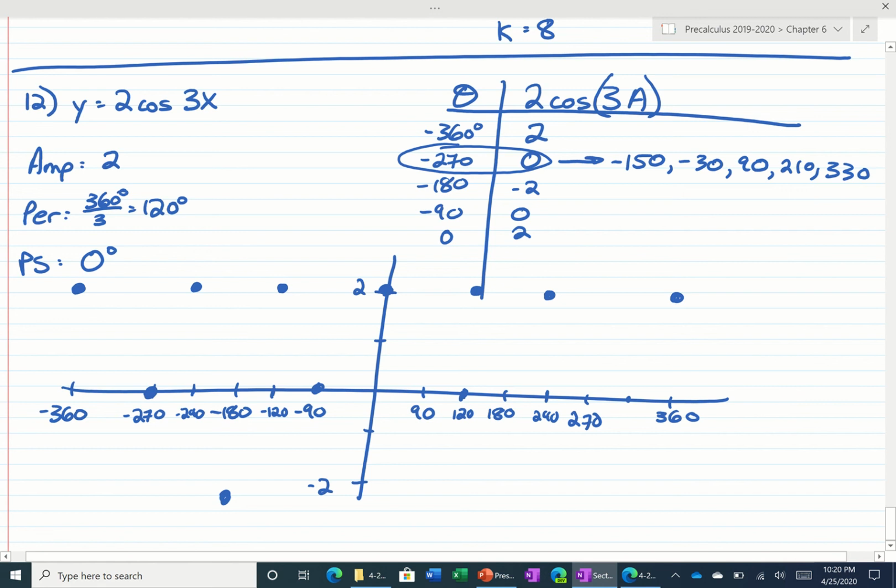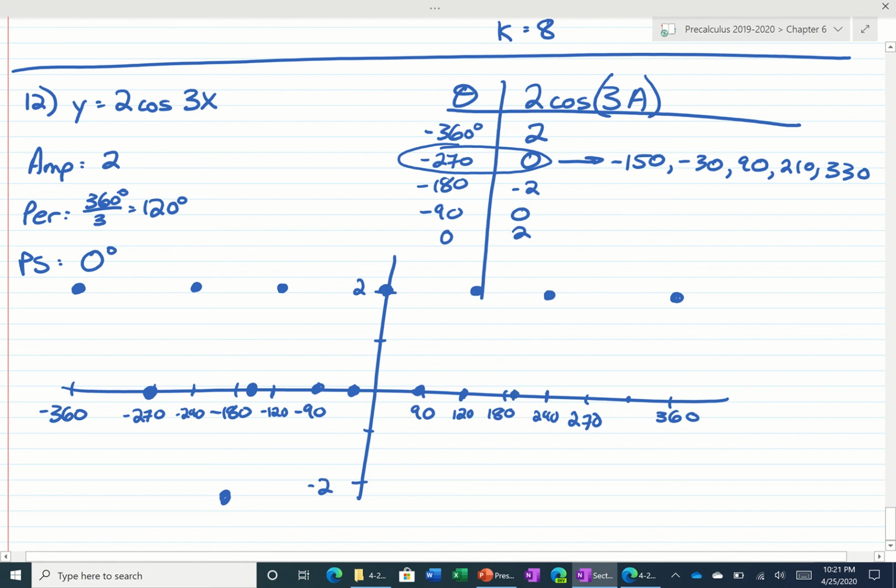Negative 150 would be maybe like over here, and it's going to be the same value as negative 270, 0. At negative 30 degrees, maybe like over here, it's going to also be 0. At 90 degrees, it's going to be 0. At 210, it's going to be 0.